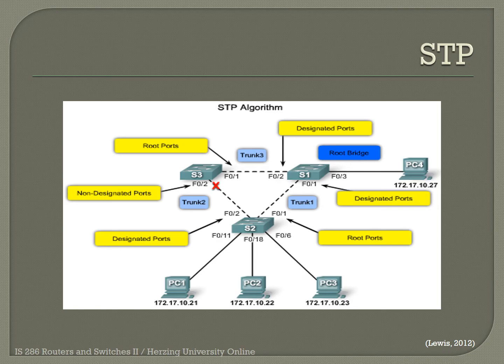We just talked about the results of STP, but how exactly does it work? How does it decide which ports to block? Well, the spanning tree algorithm is what STP uses for this. The spanning tree algorithm, or STA, designates one switch as being the root bridge.